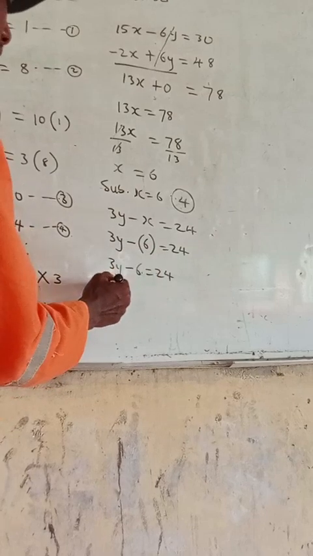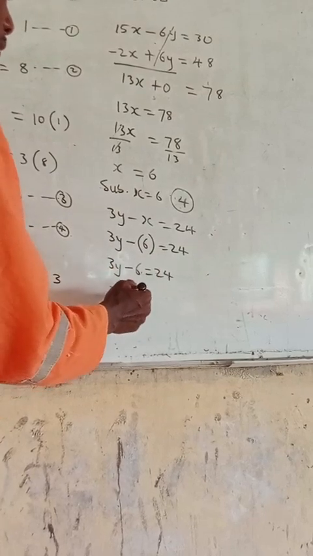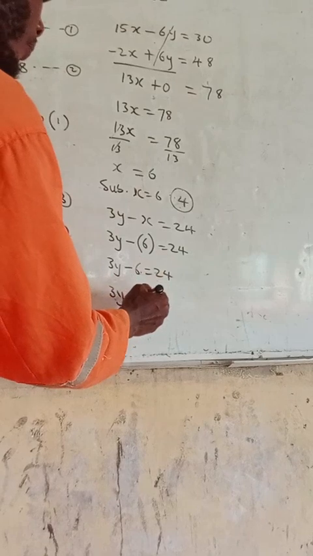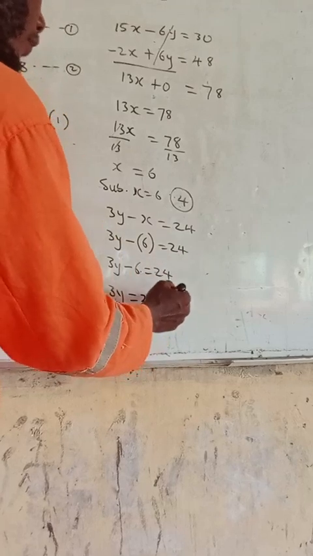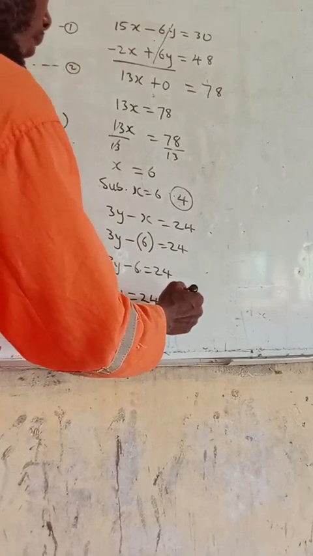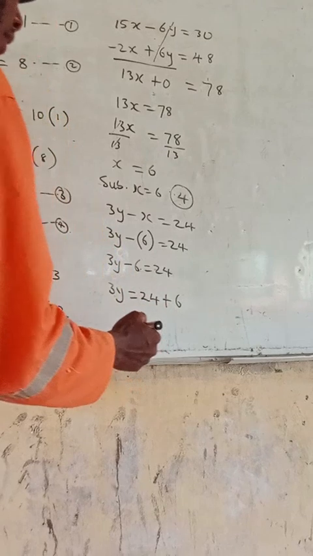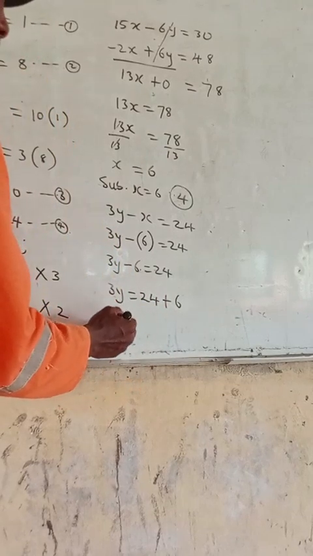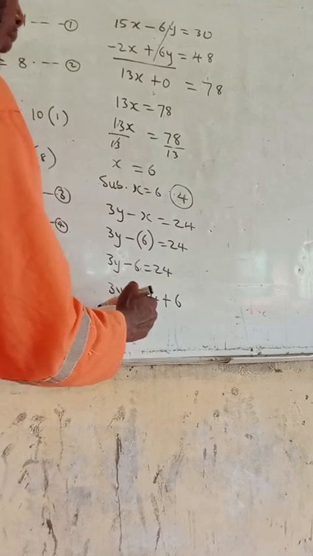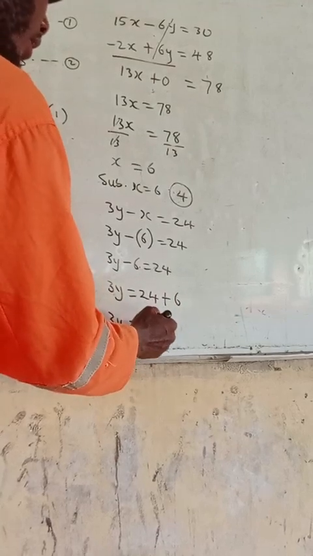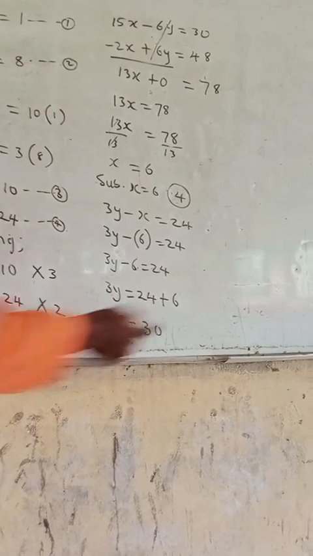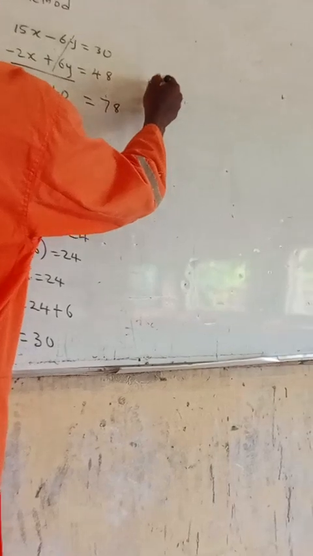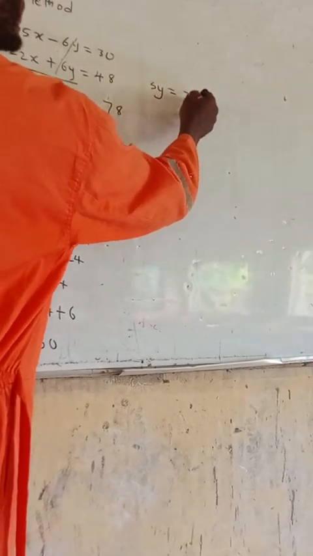So we'll still have 3y is equal to 24, and if this minus 6 comes to this side, we'll have plus 6. So we have 3y is equal to 24 plus 6, which is 30.